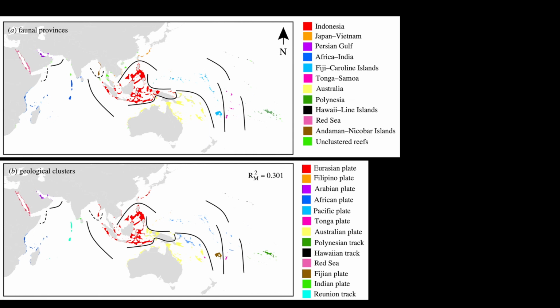As you can see here, this last part of the study, the reading material, actually reflects the uncanny resemblance of these faunal provinces with the geologic features in that area. That's the thing to notice here: there is an uncanny resemblance of the faunal provinces to the geological profile of the area.